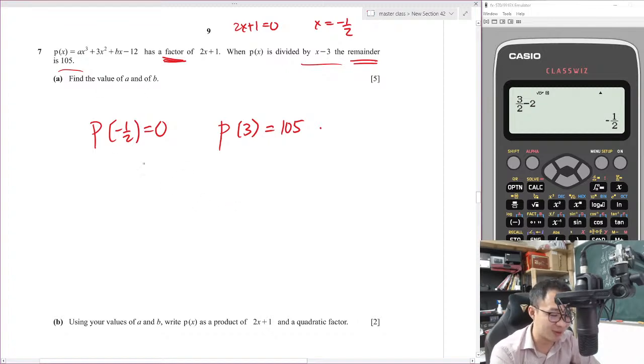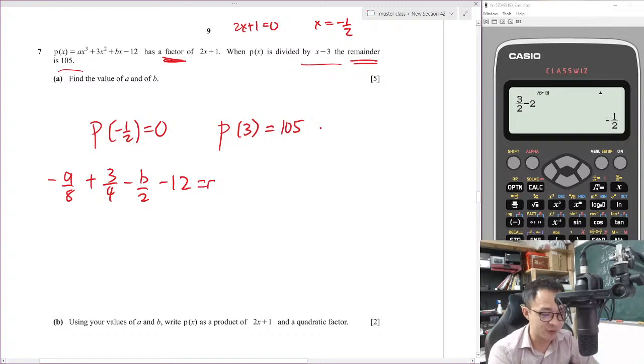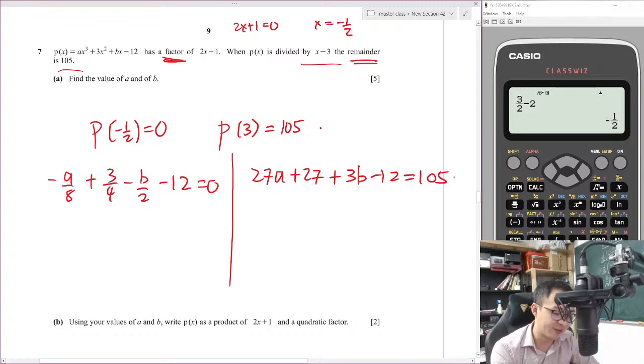You can use a calculator if you want, but I will just insert straight away. This is negative a over 8 plus 3 over 4 minus b over 2 minus 12 equals 0. So this one will be 27a plus 27 plus 3b minus 12 equals 105.